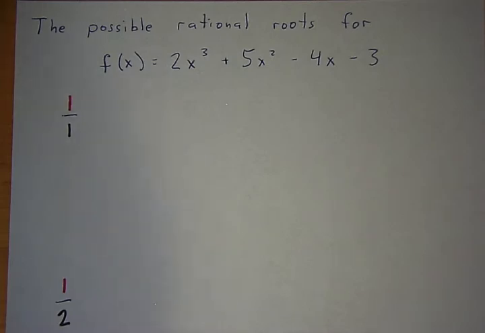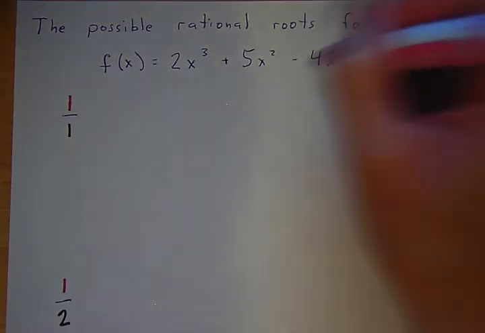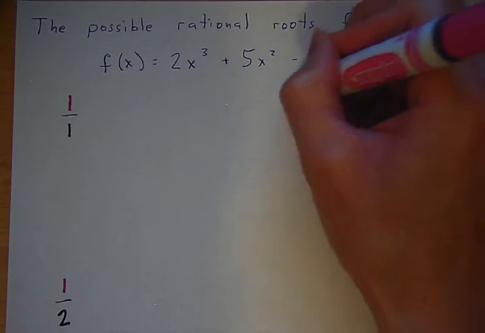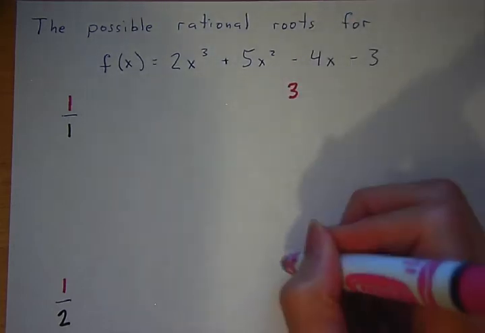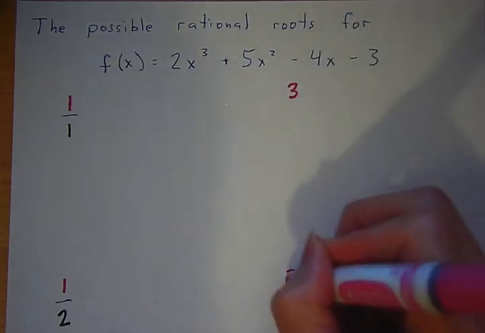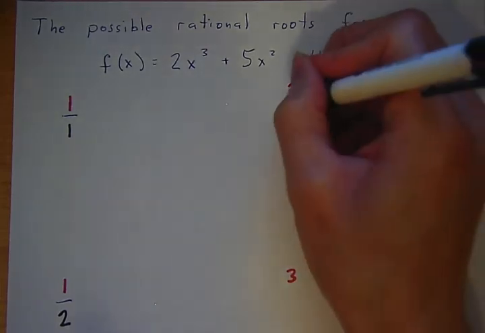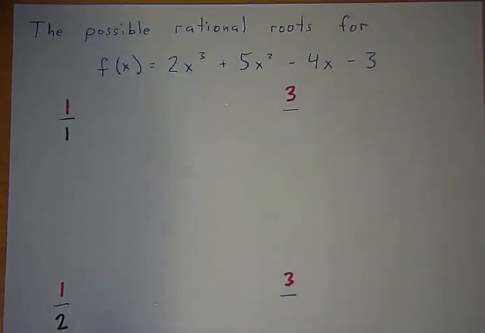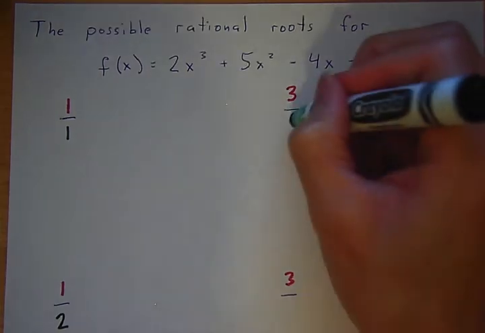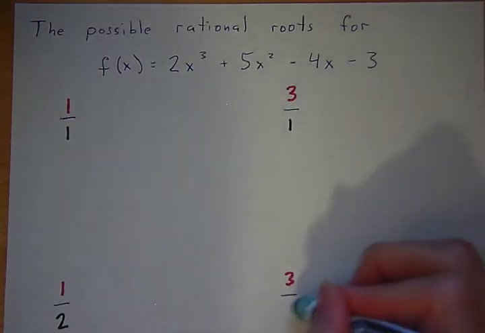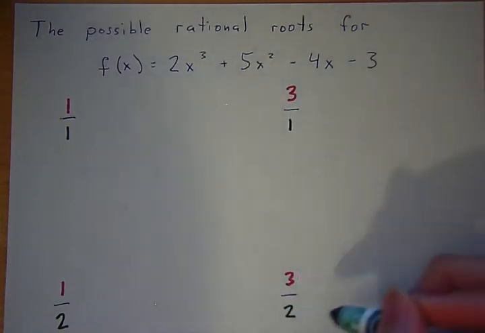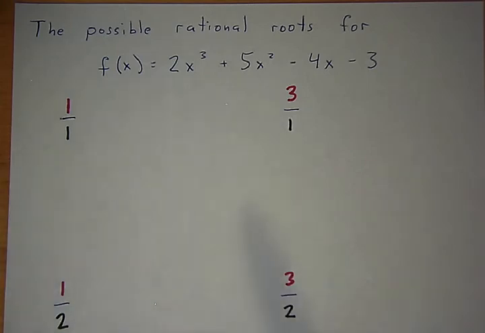We also had positive 3 divided by positive 1, positive 3 divided by 2. I'm writing them like this just to keep them organized.